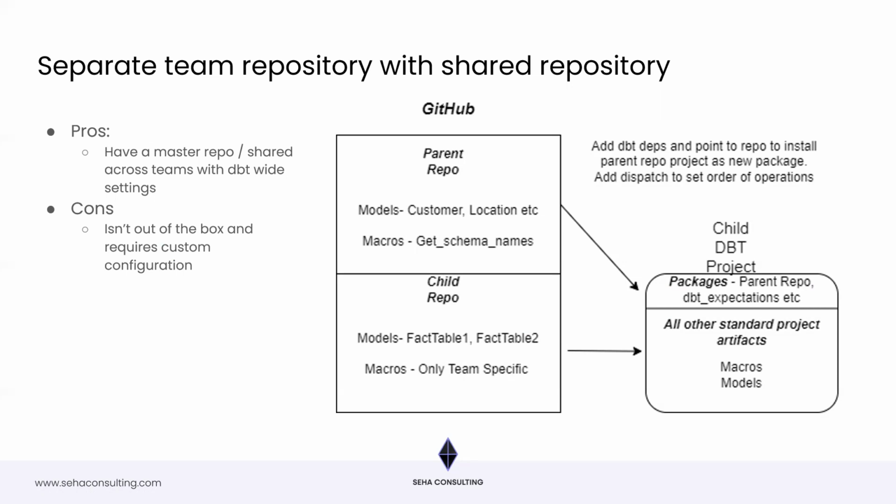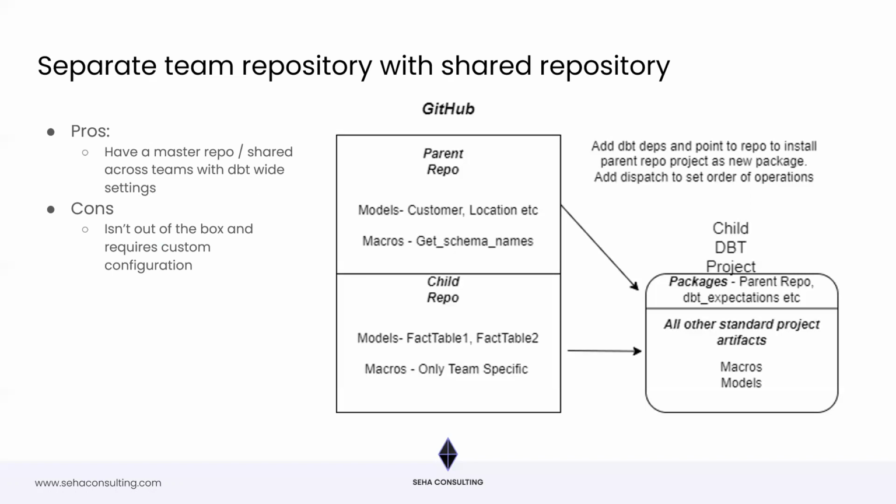That setup is actually key when we talk about supporting multiple teams, and a key factor of scaling out dbt. I want the models that are shared across teams in one location. I don't want different teams reinventing the wheel every time they need to query customer data. I want it in one location.